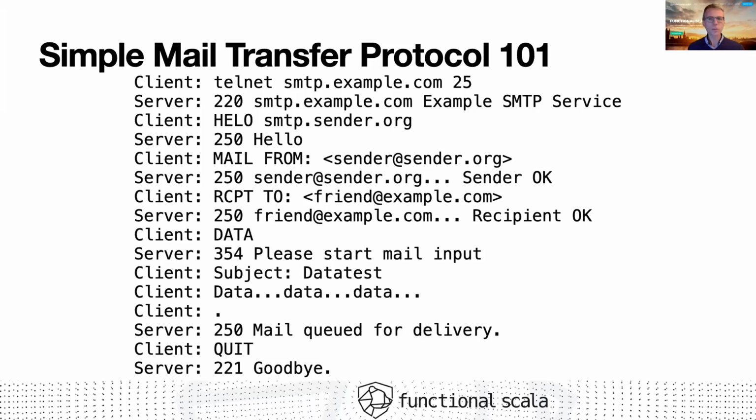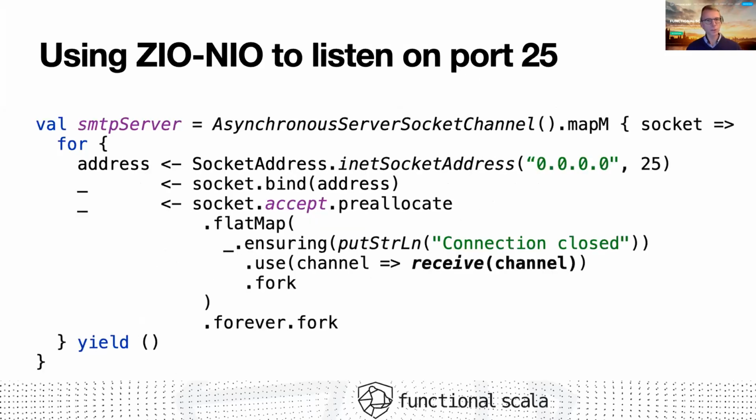Now, when I started thinking about how to implement this, it looked like ZIO NIO is the perfect candidate to handle this for me, because it's basically a wrapper around Java NIO, but inside the ZIO architecture and the ZIO framework. So you can use the ZIO effect system to perform Java NIO operations, such as defining a certain socket address and a port that you want to bind to.